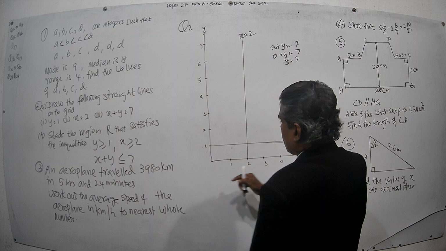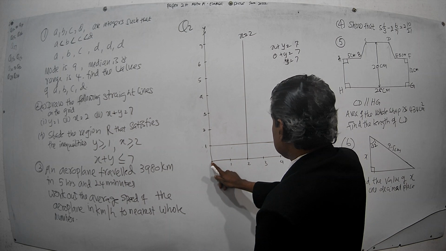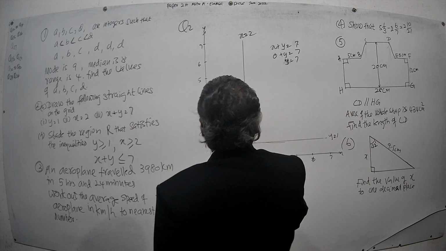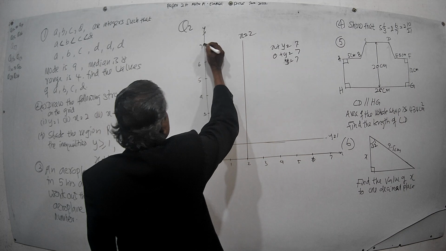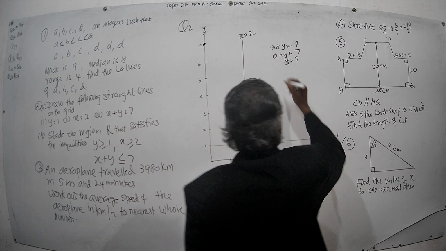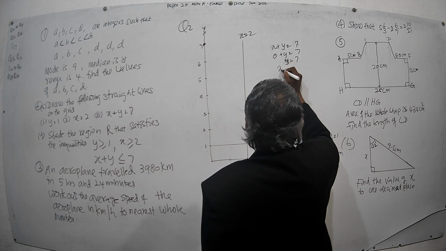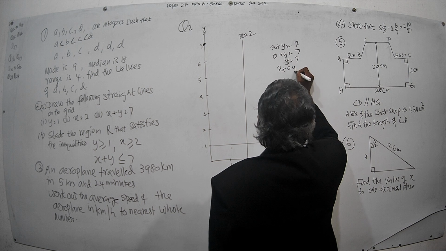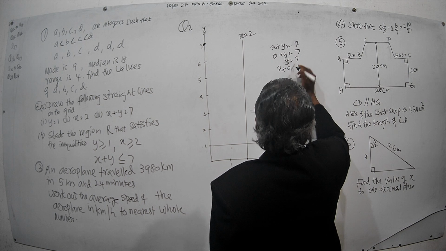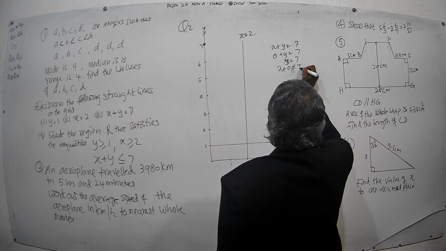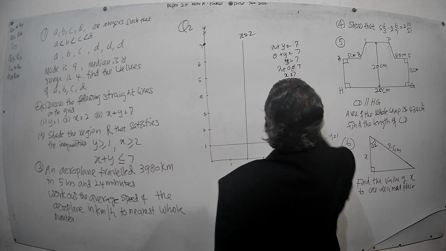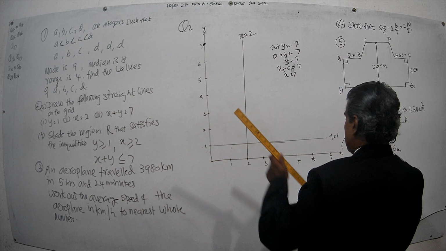When x is 0, y is 7. That means this point here. Then we will find the x value when y is 0. Substitute 0 for y, then x equals 7. When y is 0, x is also 7. Then this one.